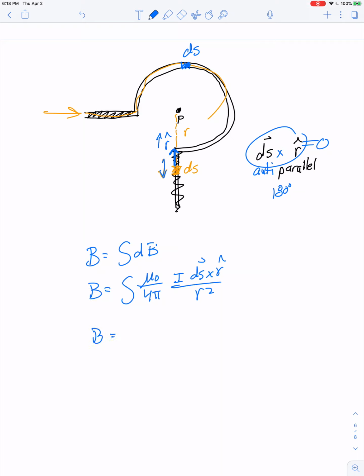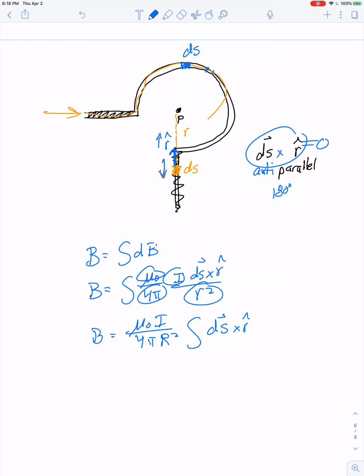Quite a few of these come out of the integral: mu naught I over 4 pi. We can change lowercase r to capital R, and then we're left with the integral of the cross product of ds and r hat.